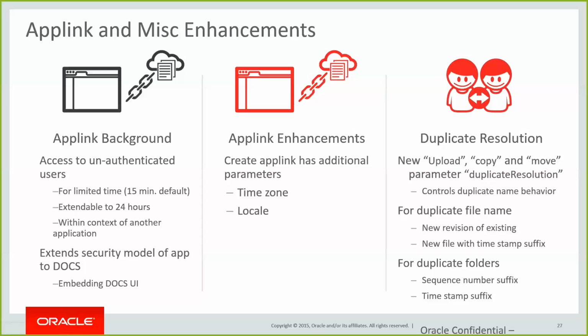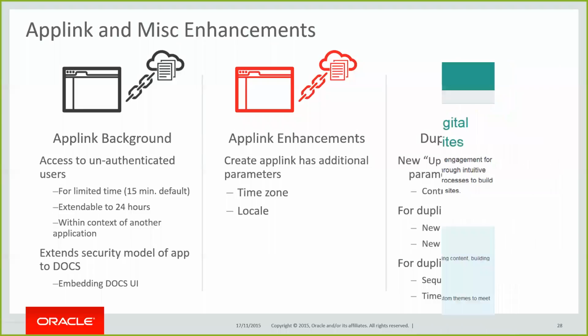I can create a new file with a timestamp suffix, and for duplicate folders, I can create a suffix with a sequence number, or a suffix with a timestamp that is identifying that newly created item, file, or folder as uploaded through the AppLink widget. So these were the features added to the REST services.